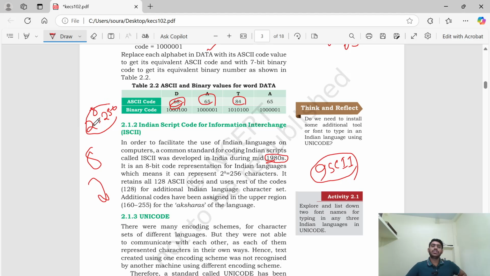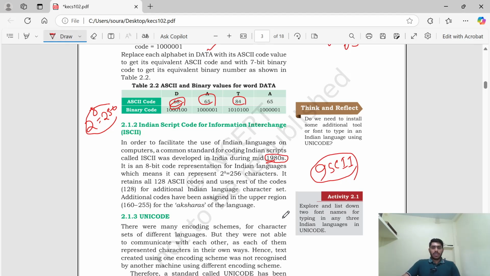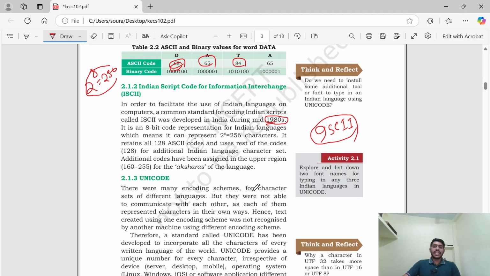Clear my point? Is it understandable? It retains all 128 ASCII codes, and users use the rest of the codes. Clear my point?